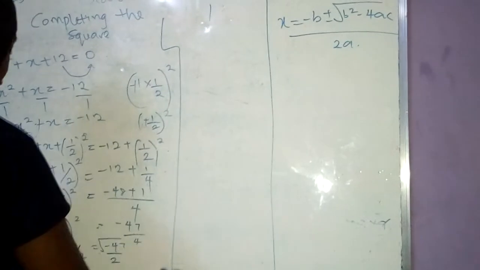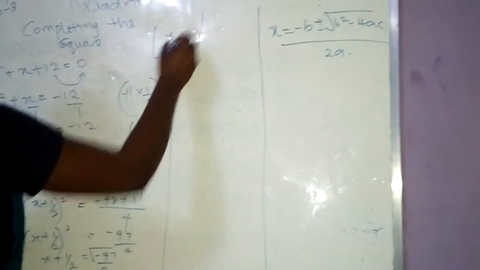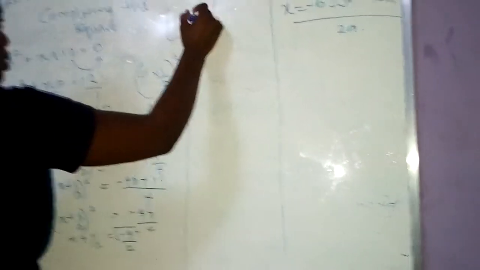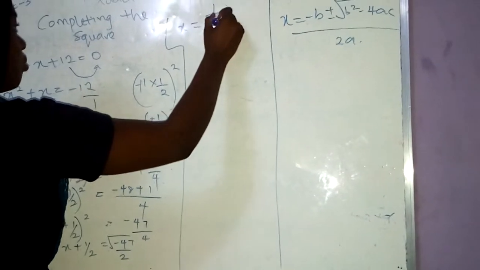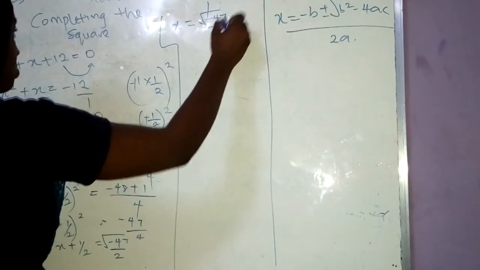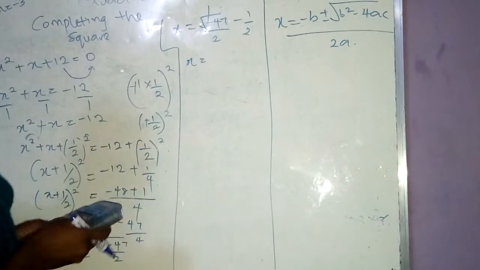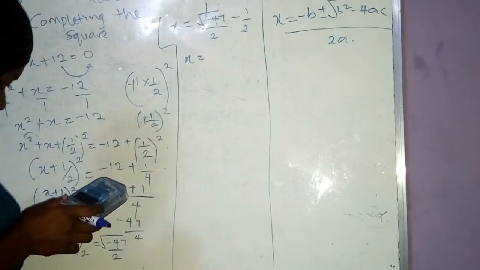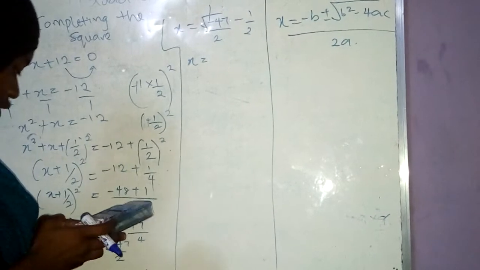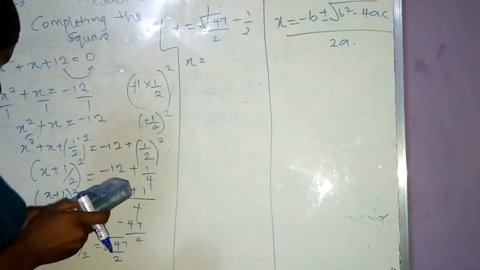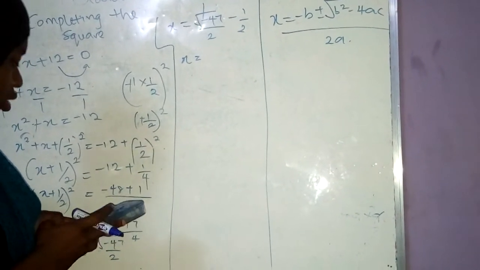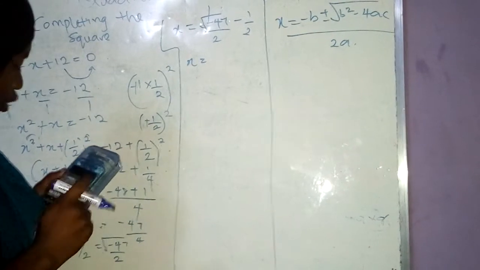We'll bring it here. So let me move this line for this one. x equals, bring this one here, the square root of minus 47 over 2 minus 1 over 2. So punch our calculator for the square root of 47. So that's 6.8.